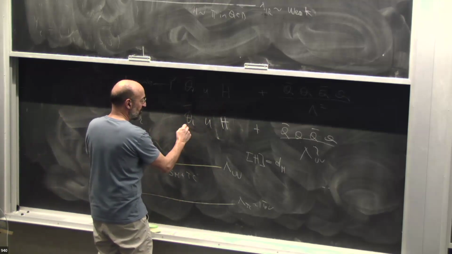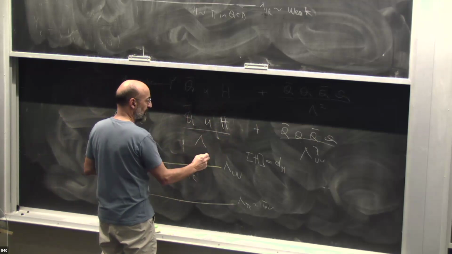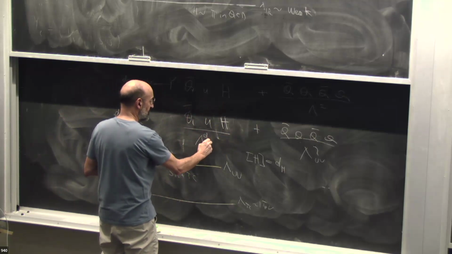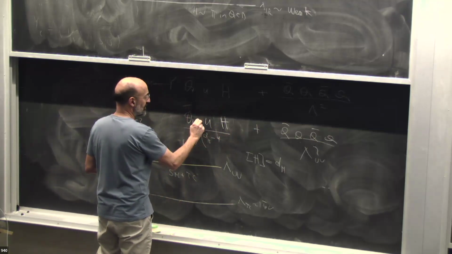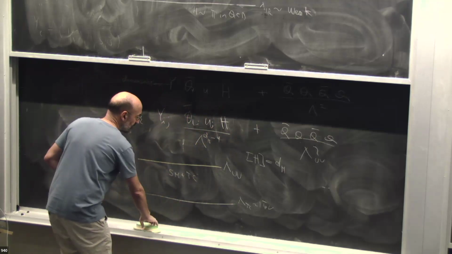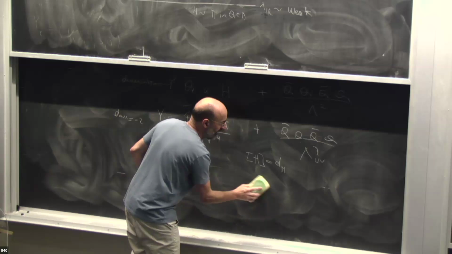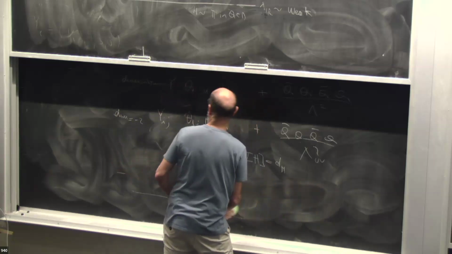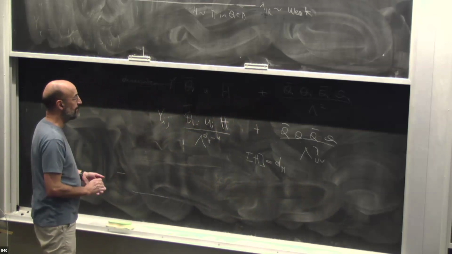Then this operator will now scale like dH minus 1. And let's say here there are some Yukawas, Y_ij, like that. So this is the modern version of Technicolor.